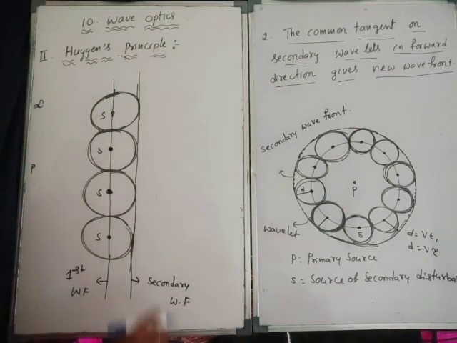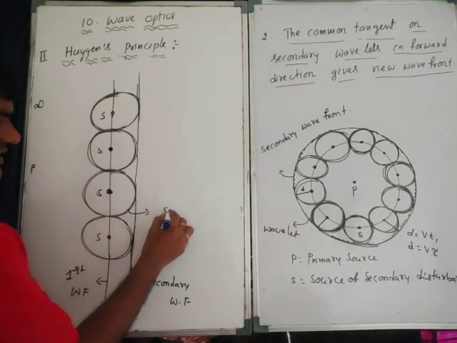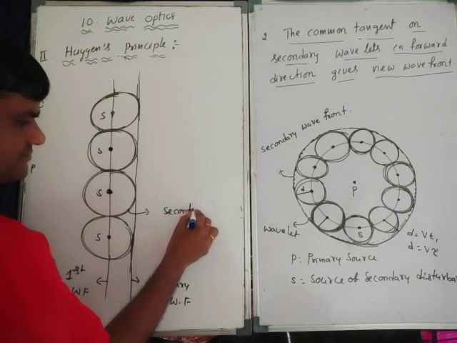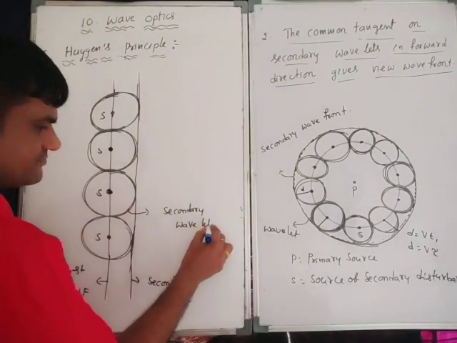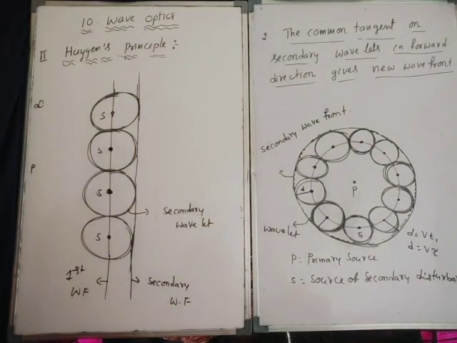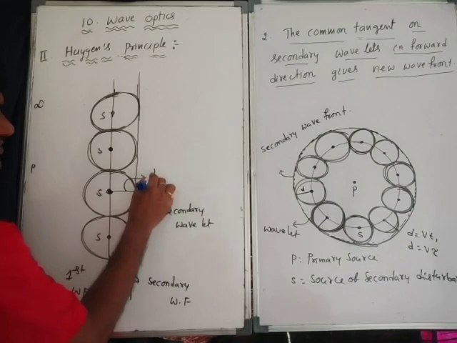What is this? Secondary wavelet. Secondary wavelet. This is now the distance from here to here, distance d.